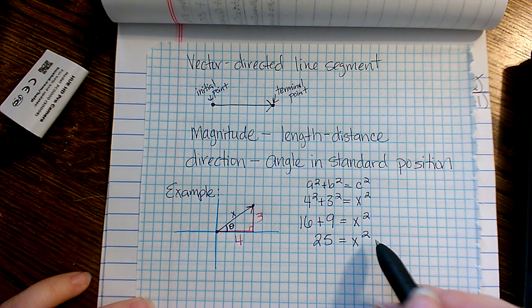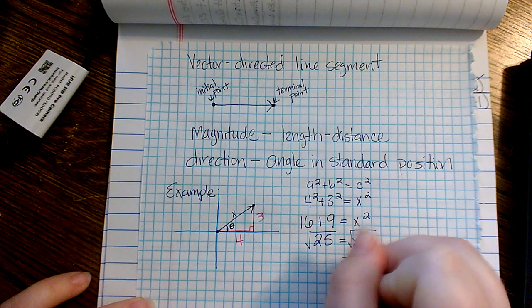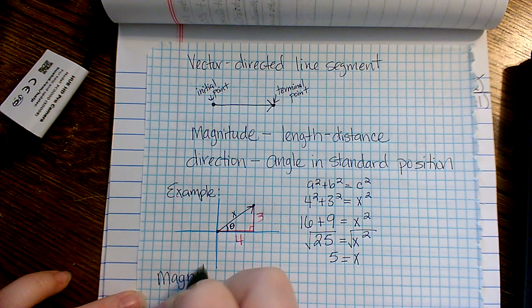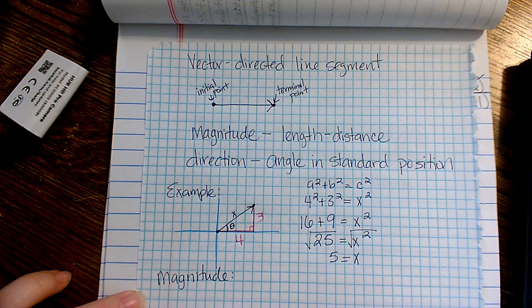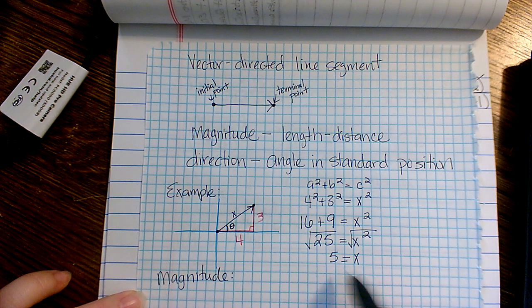Since 25 is x squared, to get x we square root both sides, and we get 5. So the magnitude of this vector, or the length of it, is 5 units. A 3, 4, 5 triangle.